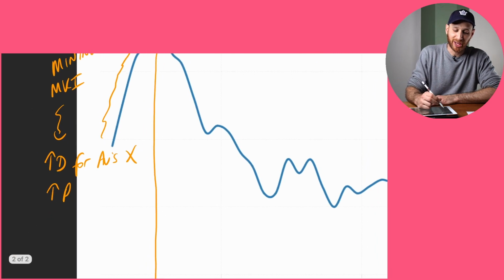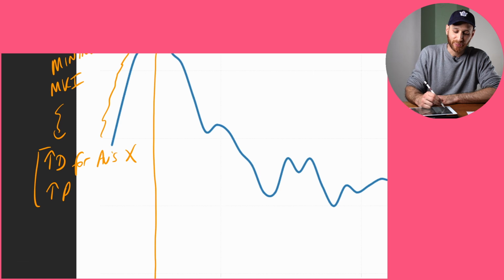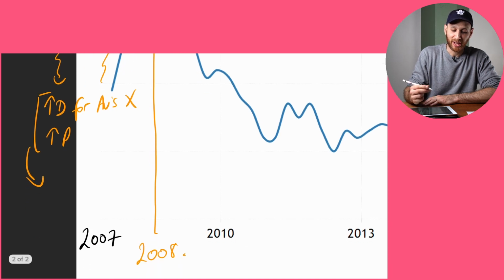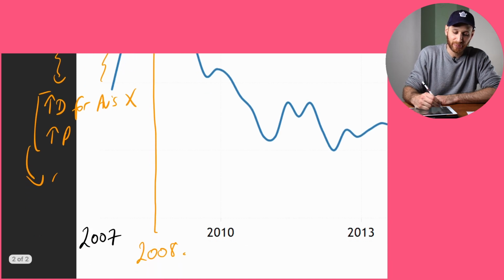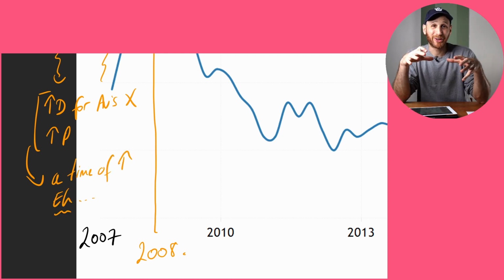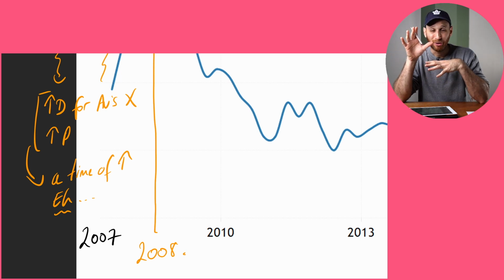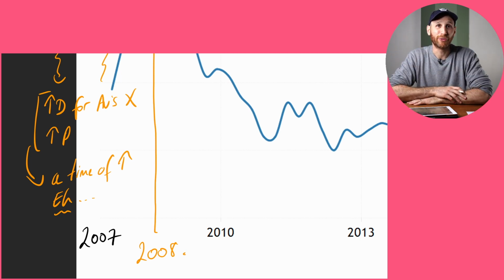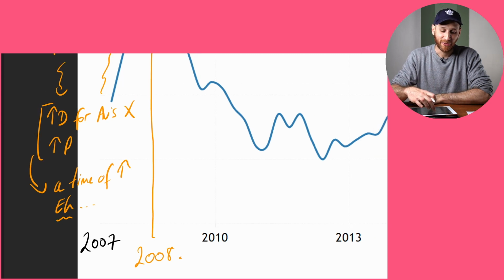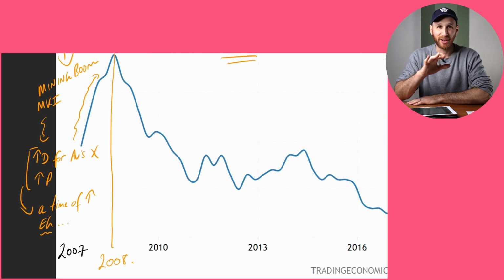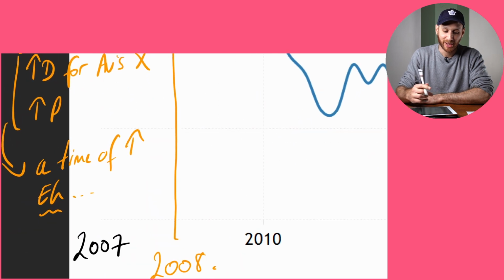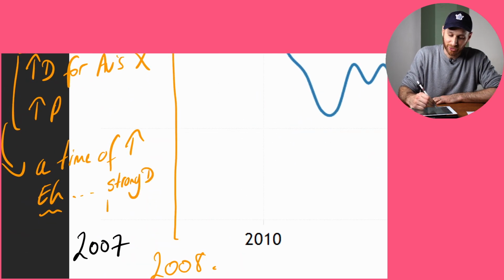Thinking about this more broadly, this is taking place during a time of rising economic growth. The Australian economy is doing quite well, in large part thanks to the strong demand for resources from China. That's how I would characterize that period.